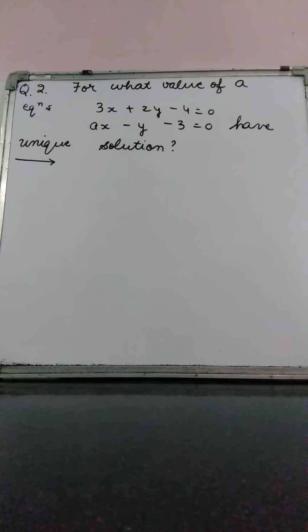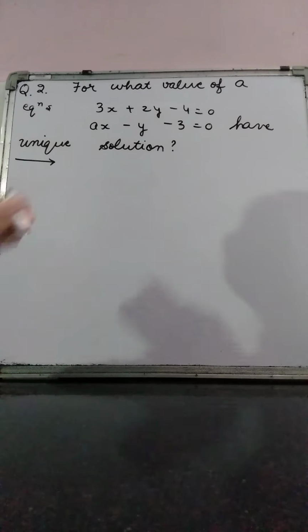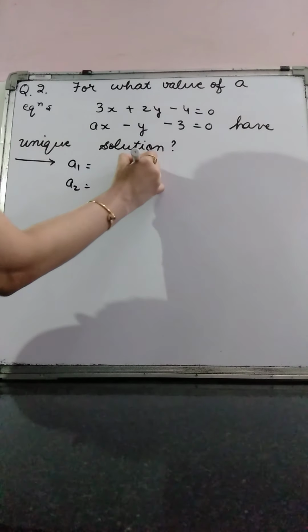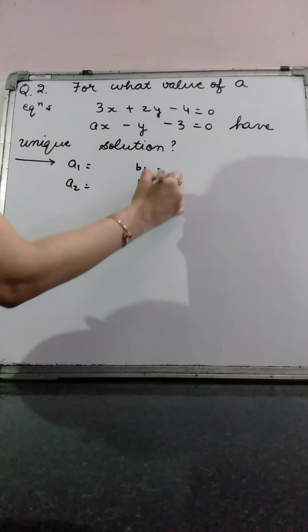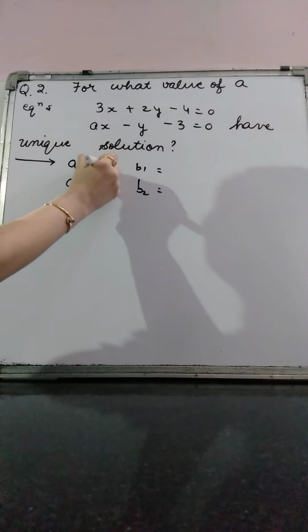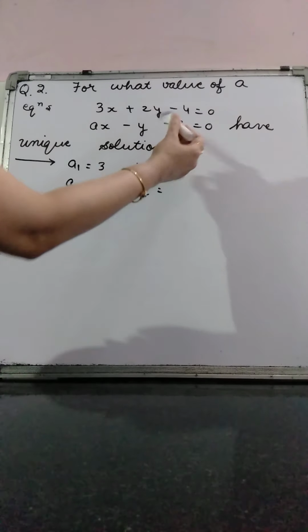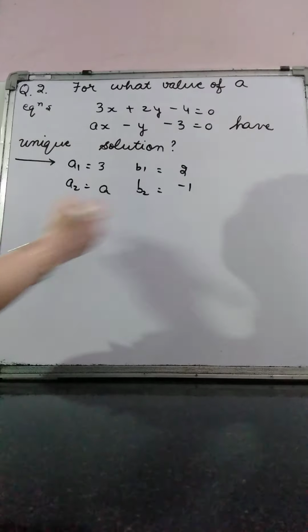Now second question is for what value of a the equations have unique solution. First of all, write the values of a1 and a2 and b1 and b2. The values are the coefficient of x, that is 3 and a. The value of b1 and b2 are the coefficient of y, that is 2 and minus 1.